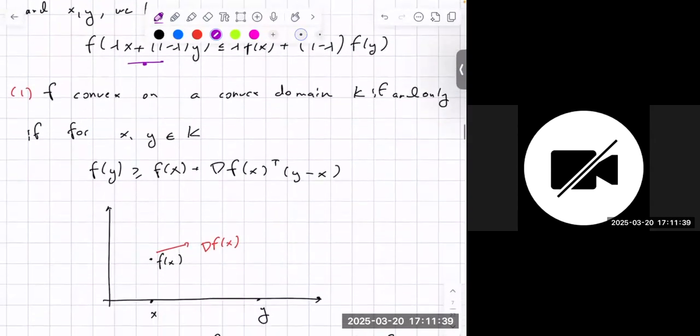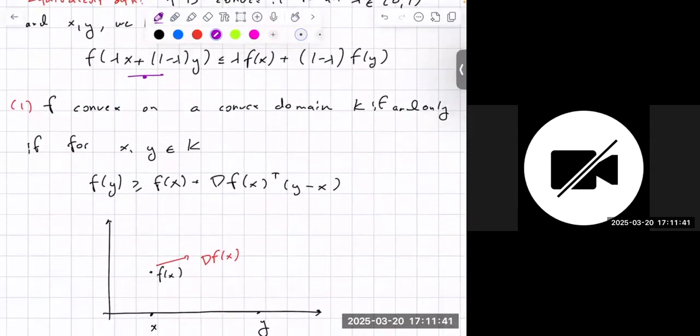And there is one more way, which is this. If you are at a point x, and you want to go in the direction of a point y, you take that direction, y minus x, and multiply it with the gradient. That always stays below your function. So what does this mean? How does it look? Let me try to plot a random convex function. This is my convex function, and I am at the point f(x).